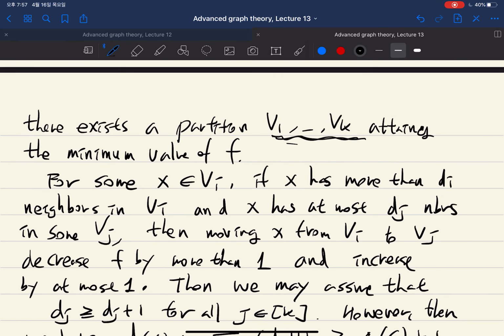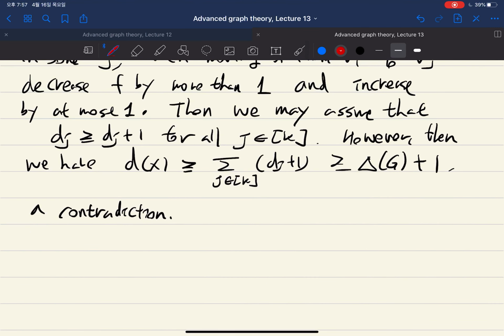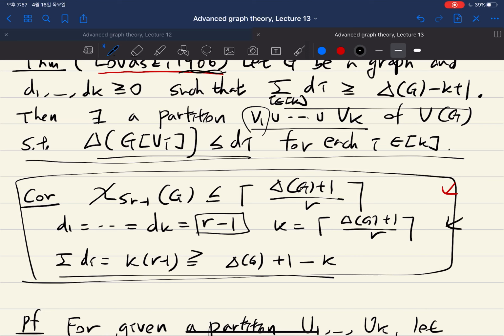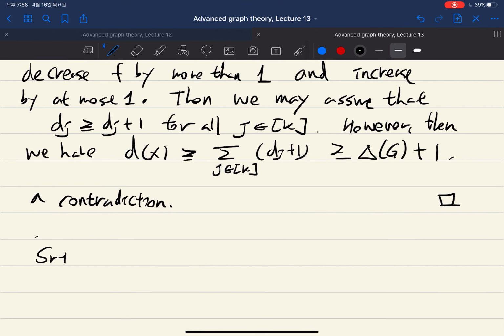That means this doesn't happen. So every vertex x in V_i has at most d_i neighbors in V_i. So this contradiction proves the theorem, and then it trivially implies this corollary. So that's what we have for this S sub r minus 1 coloring.